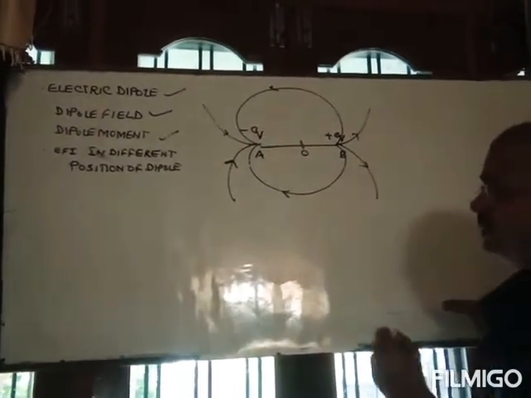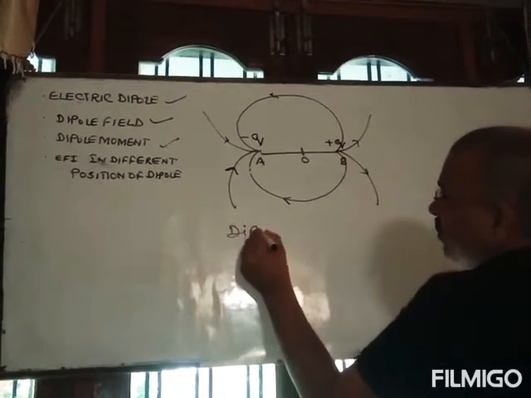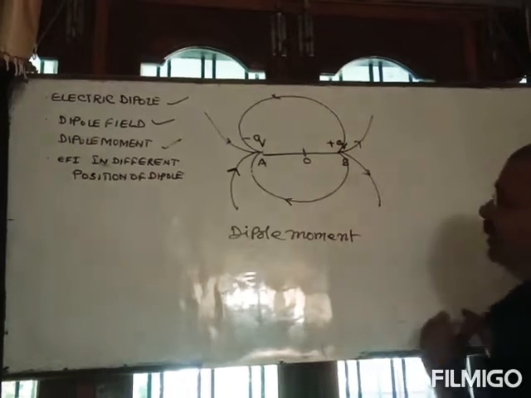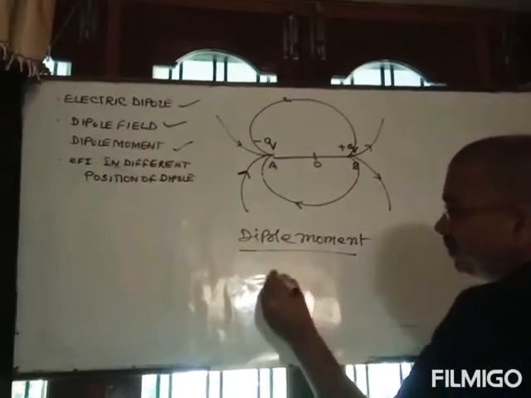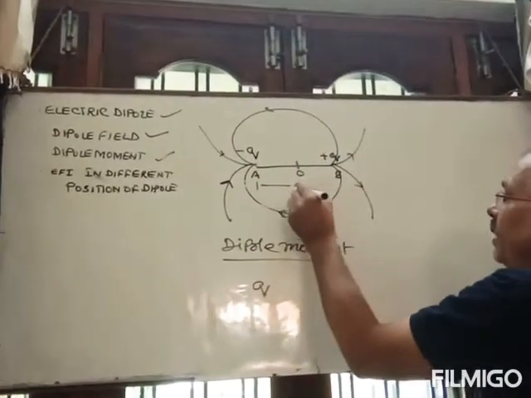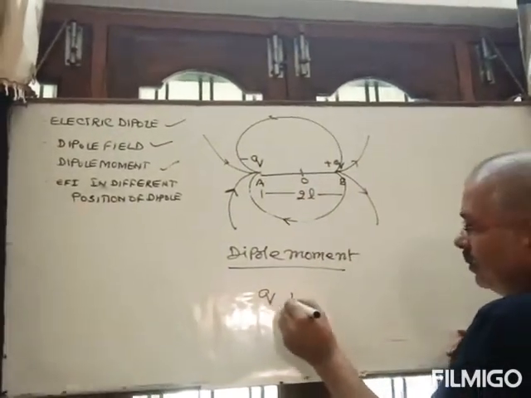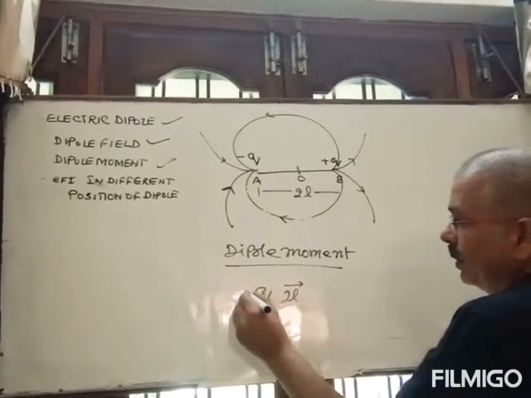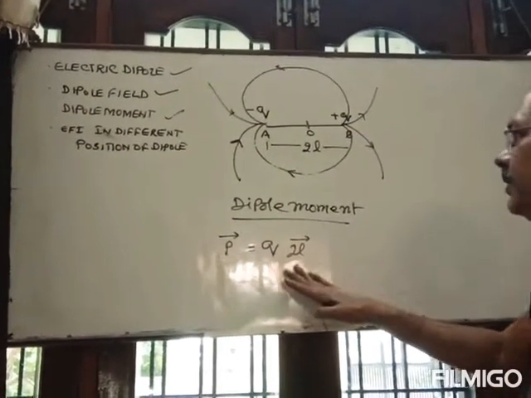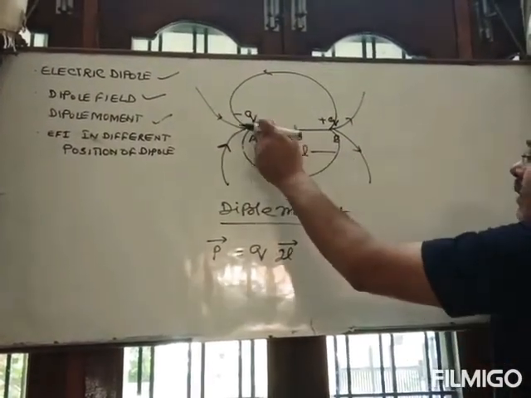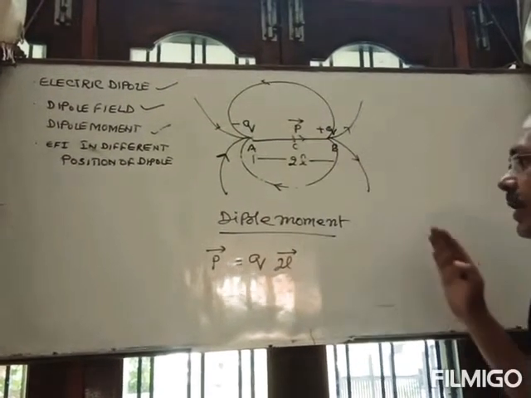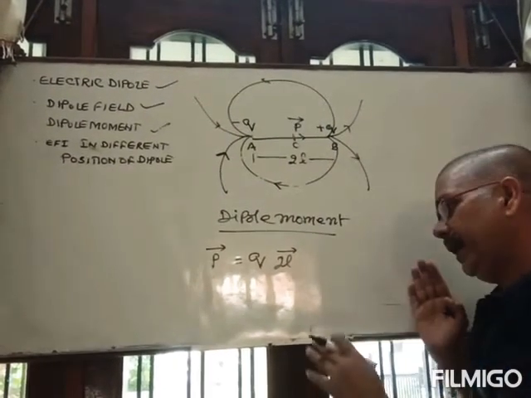Then dipole moment. Dipole moment is the product of the magnitude of charge and the effective length of the dipole. It is a vector quantity and its direction is always from negative charge to positive charge, or you can say just opposite to the electric field.